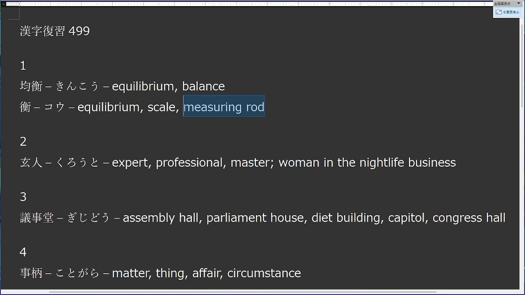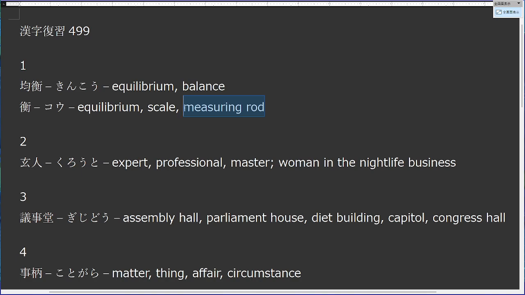I know that's a loose connection to what the kanji actually looks like. If you come up with a better way to remember it, please use your way and not mine. My ways are dumb. Ko is an equilibrium, scale, or a measuring rod. Like when you're going across a large field, measuring it by steps.